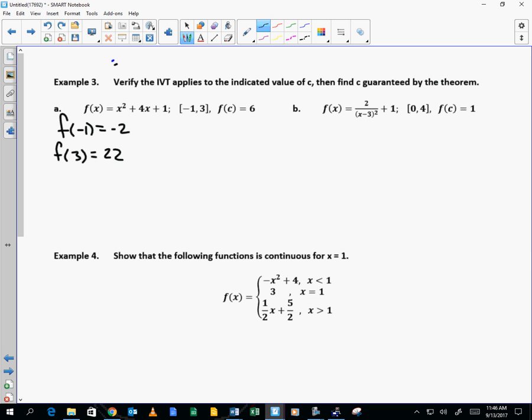So does it have to cross 6 at some time? It does. So now what we're going to do is find where it crosses over 6. And I just go x squared plus 4x plus 1 is then equal to 6.